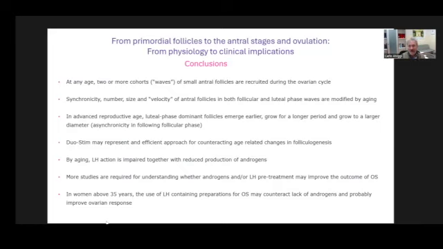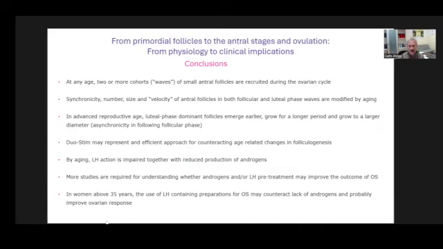It is very relevant in our clinical practice because it can affect the ovarian response to gonadotropin administration. So we need pharmacological methods to try to make the follicular waves more synchronous and to reduce the problem of asynchronicity in the transition between the last luteal phase and the early new follicular phase.